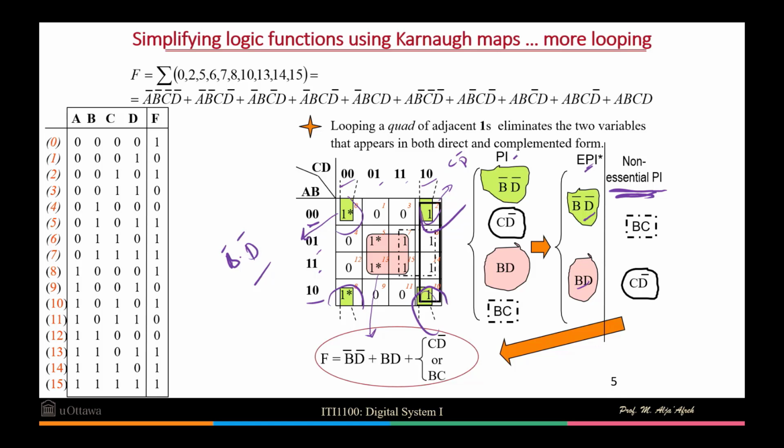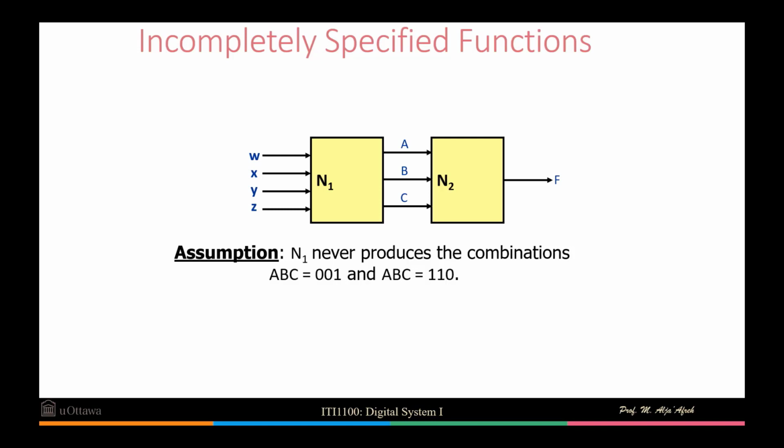Okay, let's move on to another topic here. Now, suppose you have two black boxes here, guys, and you don't know exactly how they're working, but what I'm trying to say is that digital circuit N1 will never produce a combination of 001 or 110.